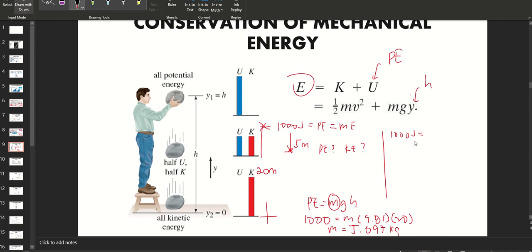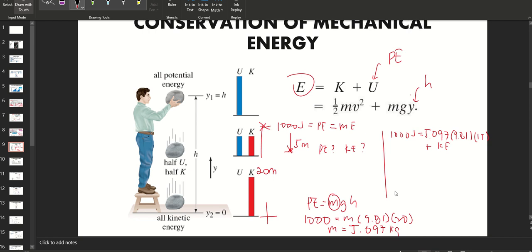So now that we know the mass of the object, we can finally get it here. That's 5.097 multiplied by 9.81, which is g, multiplied by h, which is 20 minus 5, because that is already the height here, 15 meters, plus KE.